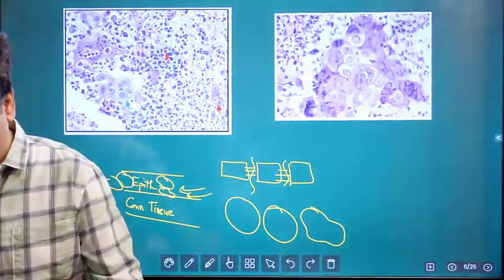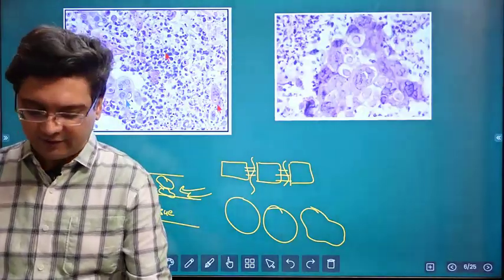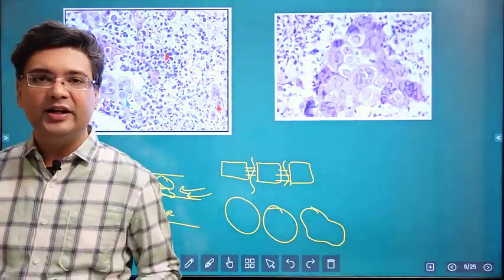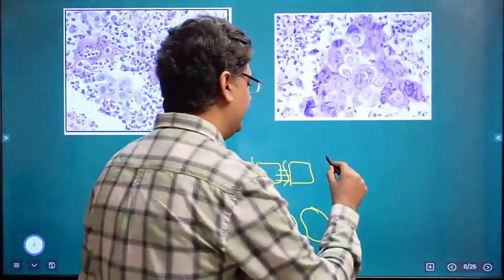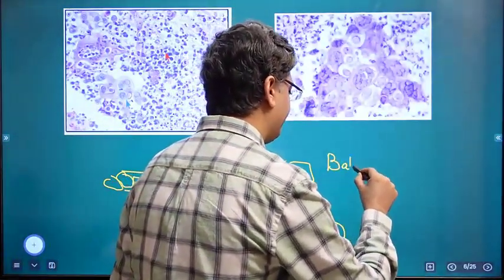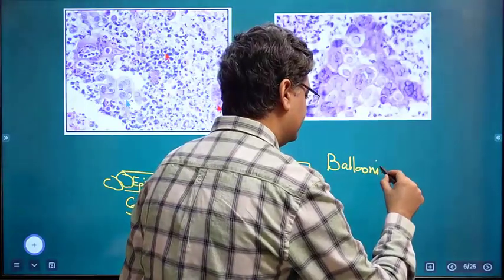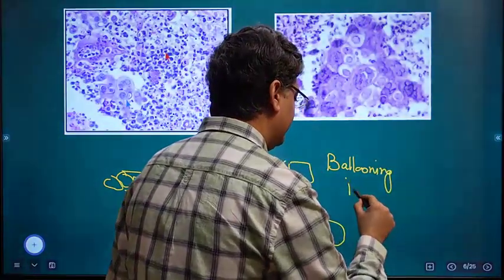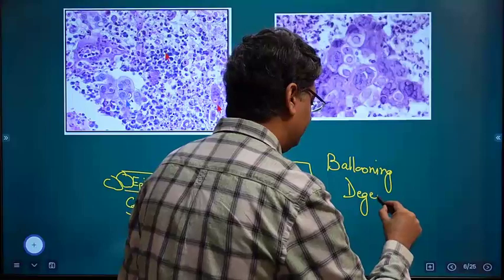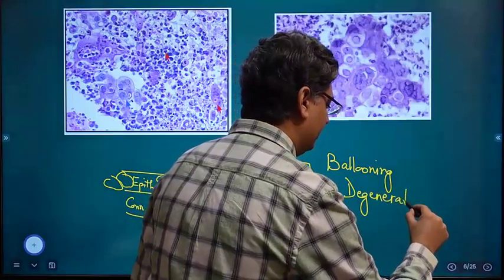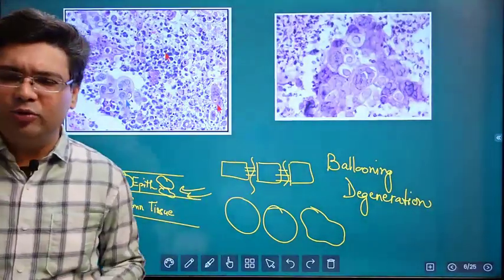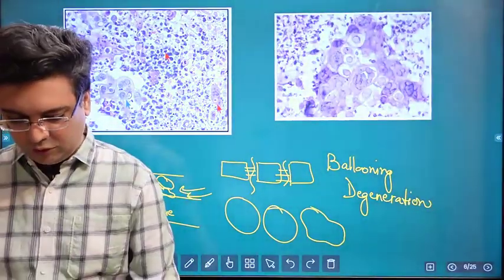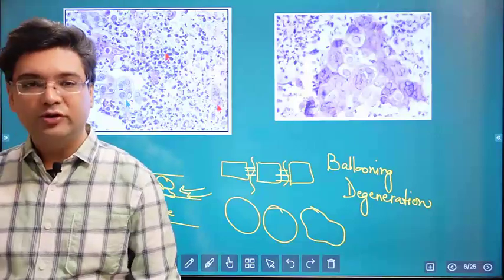They lose their shape as well, and this degeneration of the epithelial layer is called ballooning degeneration. Okay, what is this degeneration called? It is called ballooning degeneration.